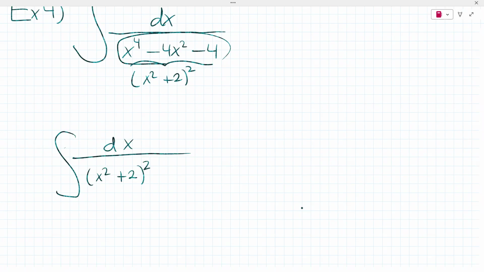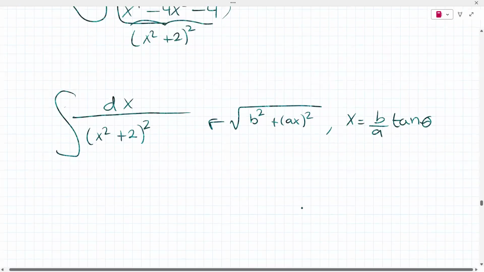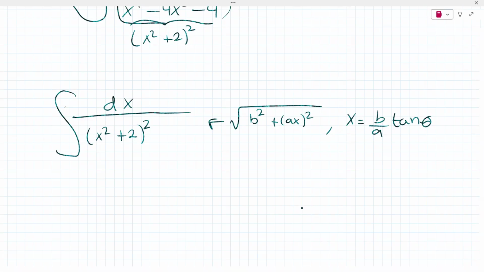Okay, so now it looks very similar to one of our identities. It looks very similar to the square root of b squared plus ax squared, where x equals b over a times tan theta. Okay, what do I do? If that's the case, what is our a and our b?